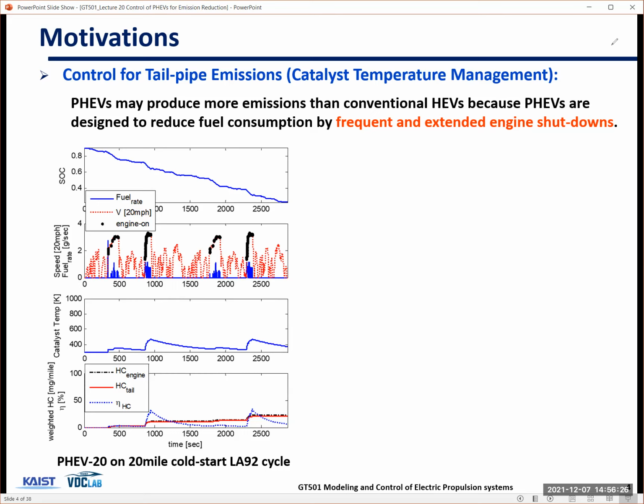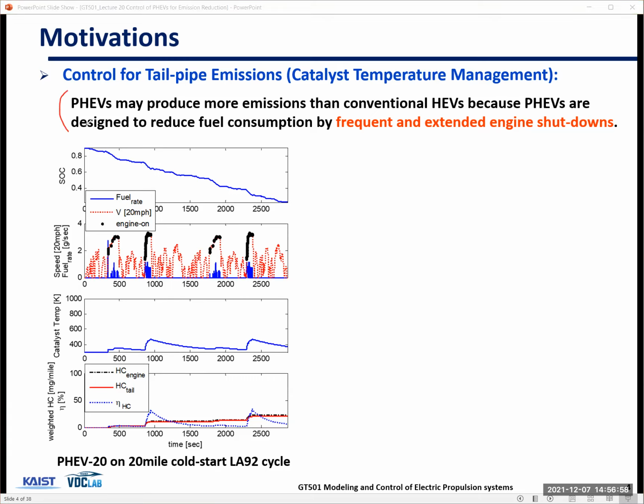Now let's imagine what's going to happen when we have a hybrid powertrain. Especially when it comes to plug-in hybrids, the problem can be quite interesting. So please take a look at this.